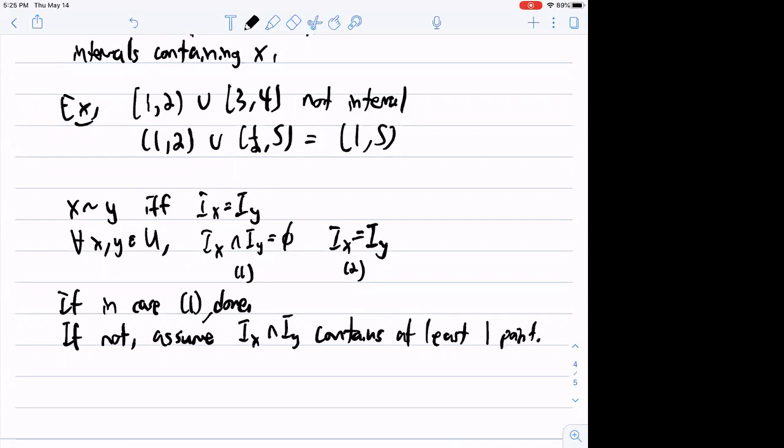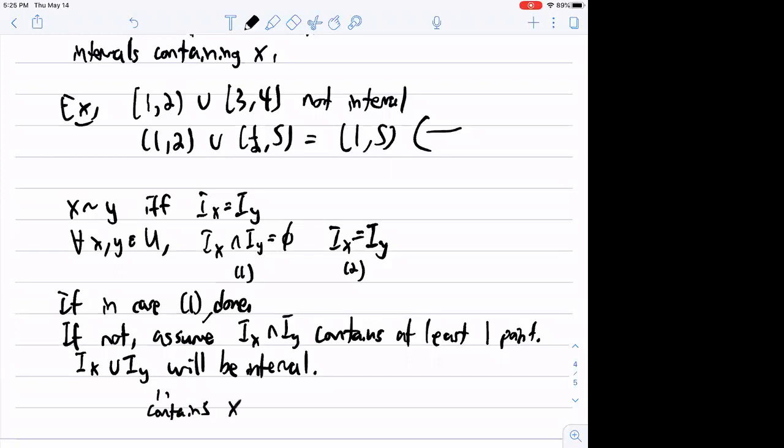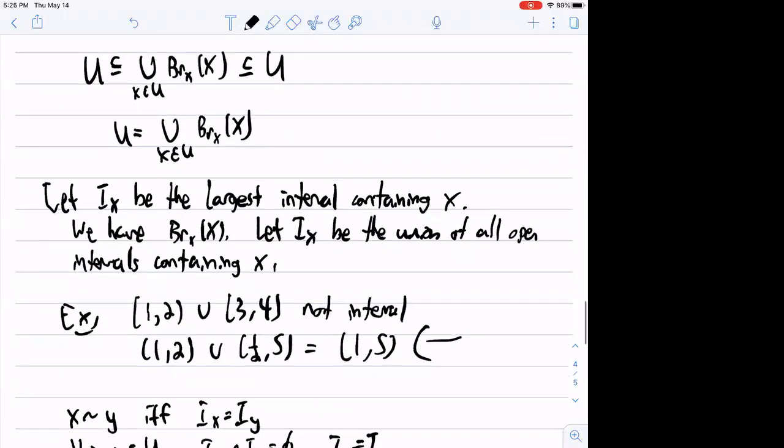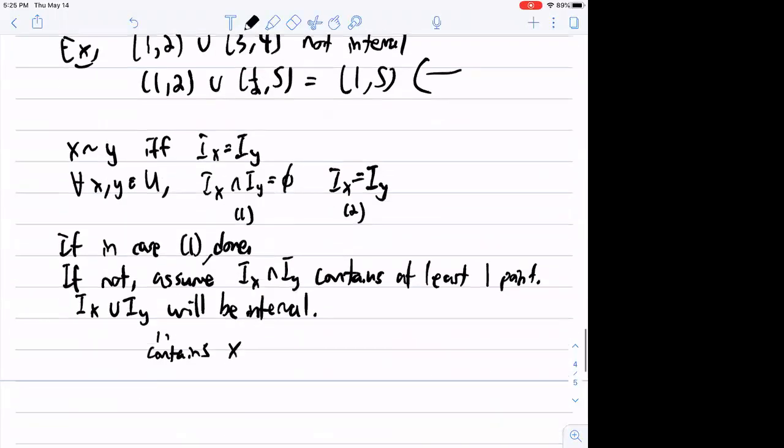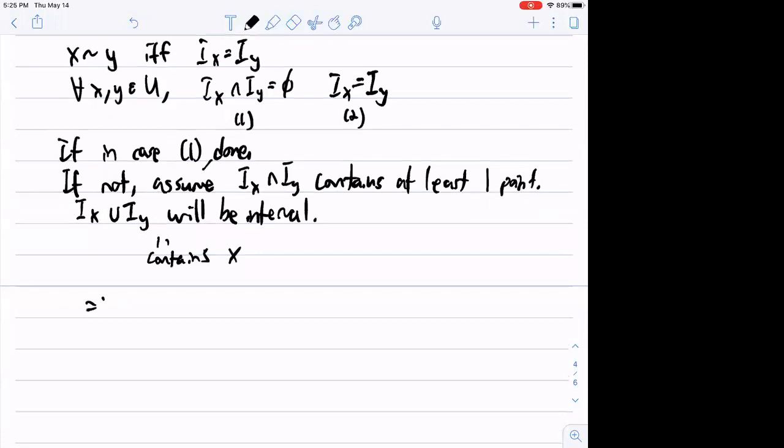But then the union will be an interval by the argument above: if two intervals contain a point, the union will be an interval. This is an interval that contains x and y, in particular it contains x. But Ix was the largest interval containing x, so it has to be that Ix is Iy. You can't have anything bigger, or else it's a contradiction.